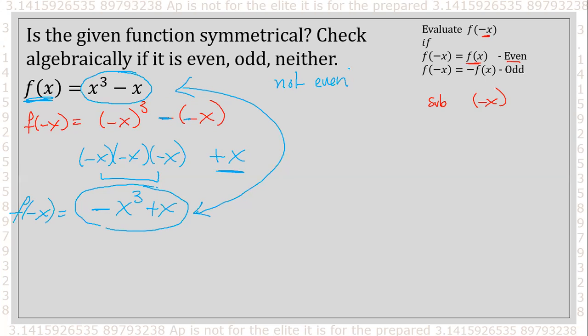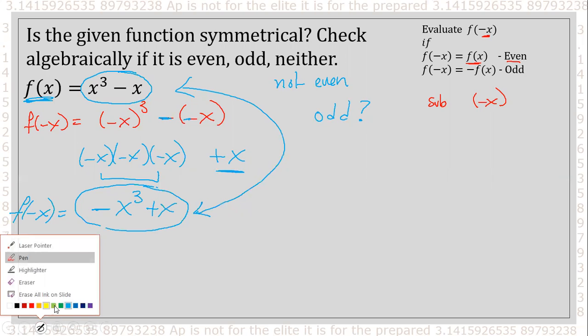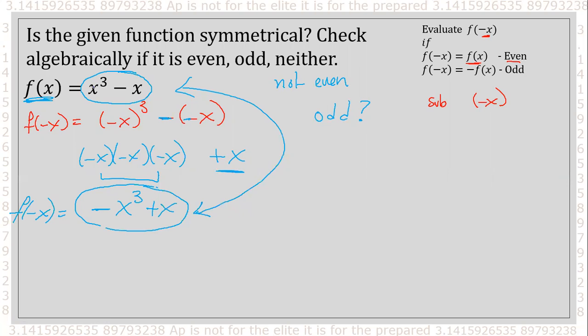Are they odd? Well, in order for them to be odd, all the signs must change. We can go ahead and see that in this scenario, we had a positive cubic that turned into a negative cubic. So far so good. Then we had a negative x that turned into a positive x.